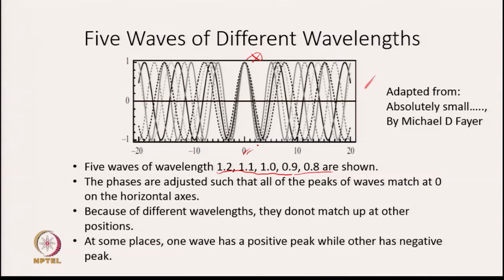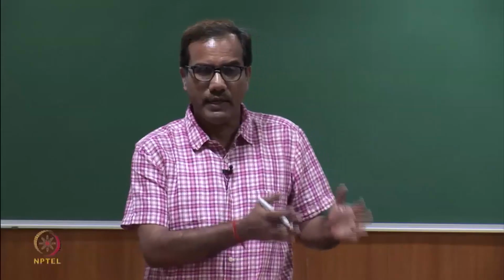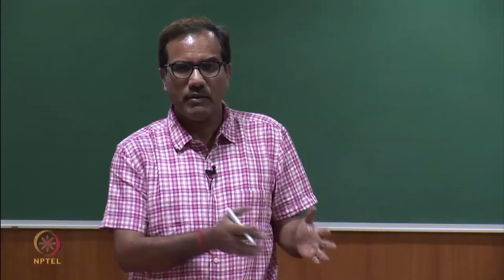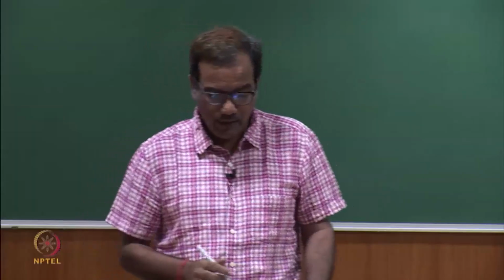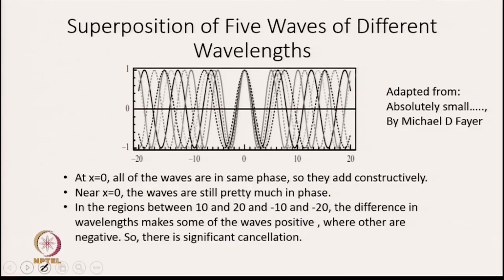At some places, one wave has a positive peak while another has a negative peak. For example, here the black one has a positive peak and this one has a negative peak. At x equal to 0, since all the waves are in the same phase, they add constructively.